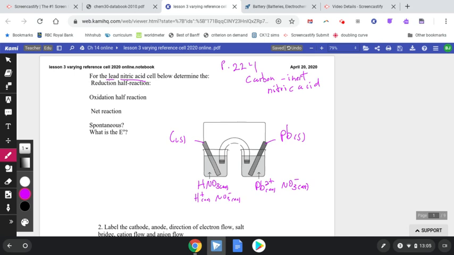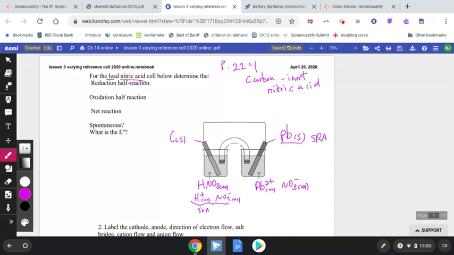Okay. Who's our oxidizing agent, who's our reducing agent? You look them up, and you discover that these together are a very strong oxidizing agent, and the lead solid is our strongest reducing agent.